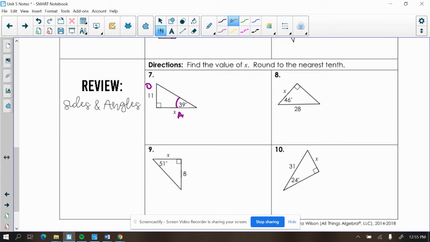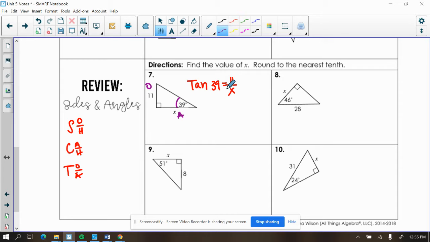So we had to figure out what trig ratio we were going to use to solve for x. This one is our opposite over adjacent, which is tangent. So tangent of 39 equals opposite 11 over adjacent x.